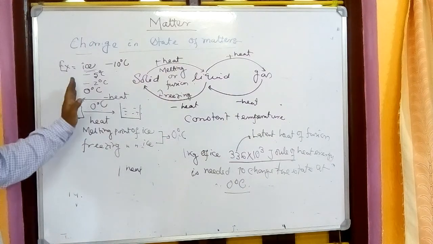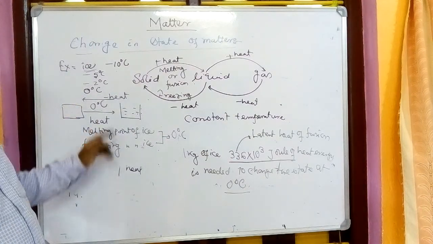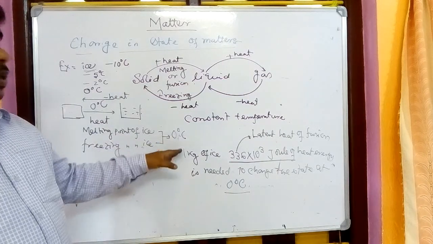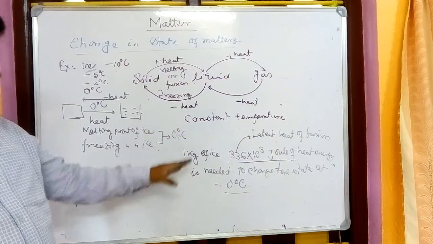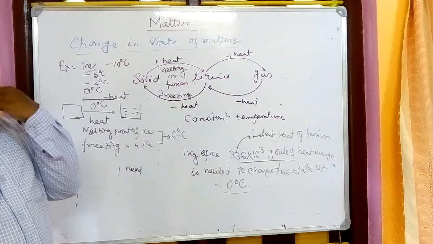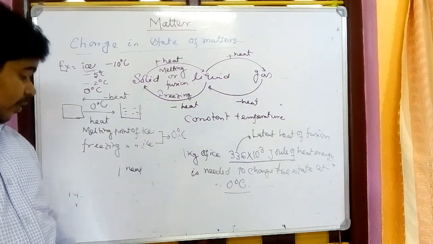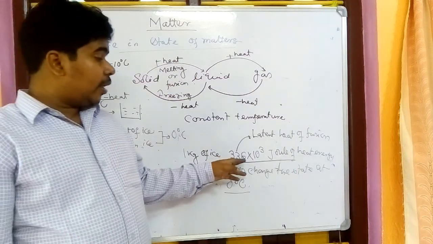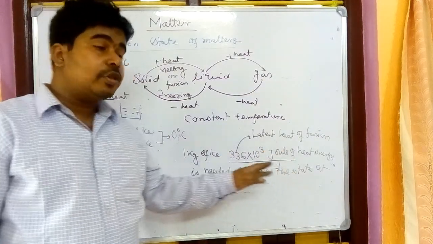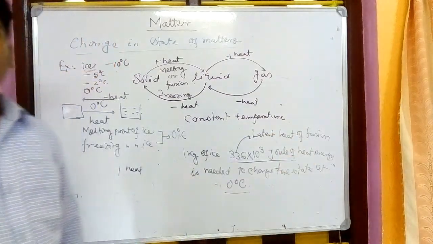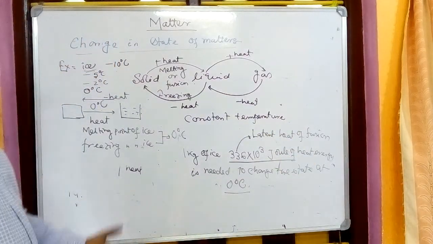For the case of water, ice to water, the melting point is 0 degree centigrade, and at this temperature heat energy is needed to change the state. It is 336 into 10 to the power 3 joule, which is known as latent heat of fusion, because this heat is needed to change the state.